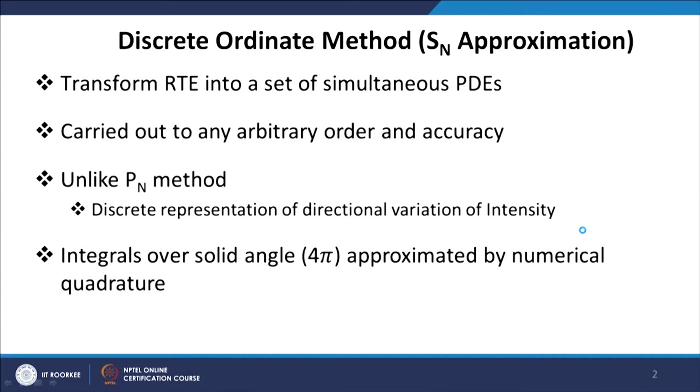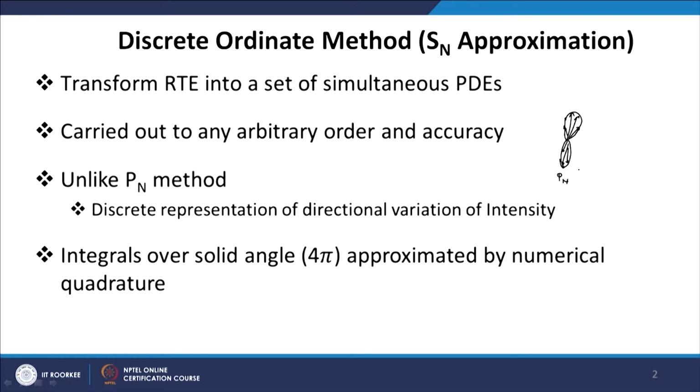So, just to explain the difference between the method of spherical harmonics and the discrete ordinate method. In the spherical harmonics method, at any point we represented the intensity as a continuous function, or a series of functions. So, we had a continuous function over theta in both plus direction and minus direction.